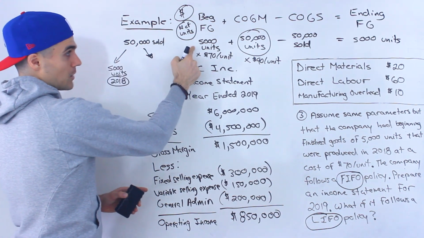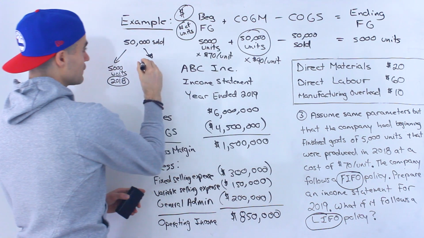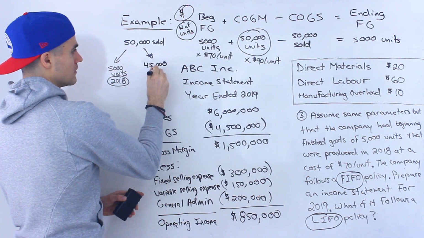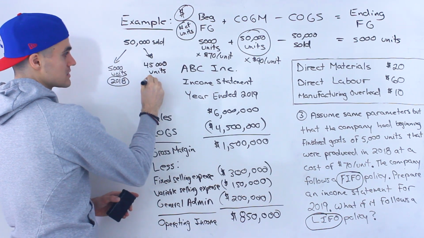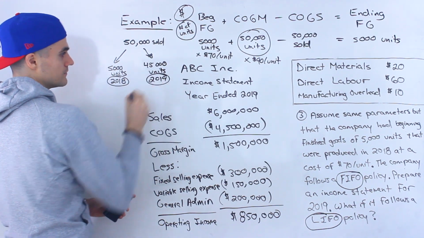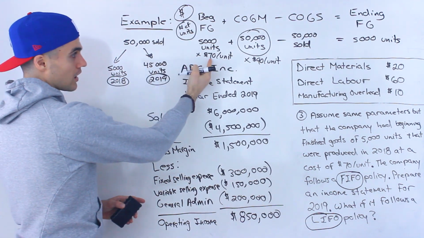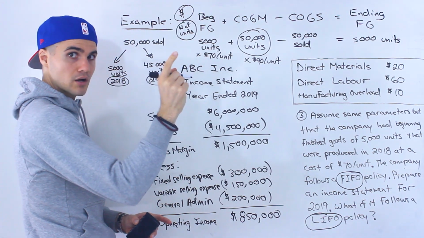Right? These have to come out first, and then 45,000 units of the 50,000 units that were produced in 2019 come out. Right? And these units have a product cost, a per unit cost of $70.